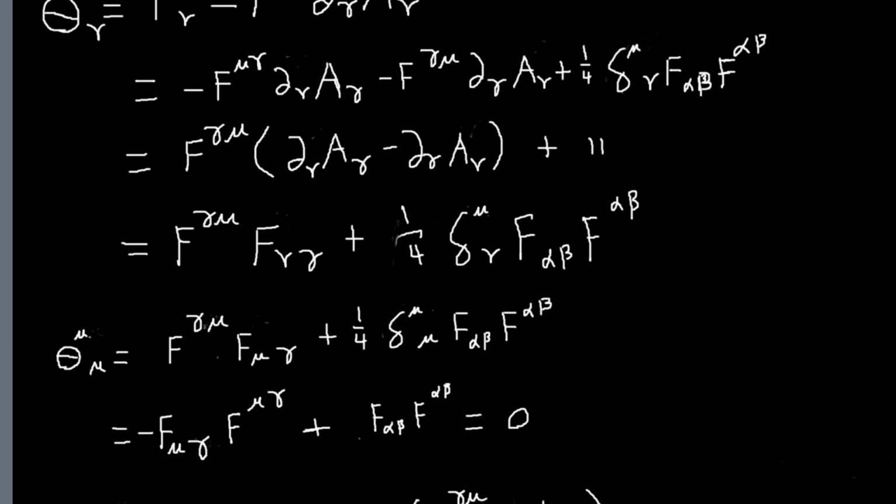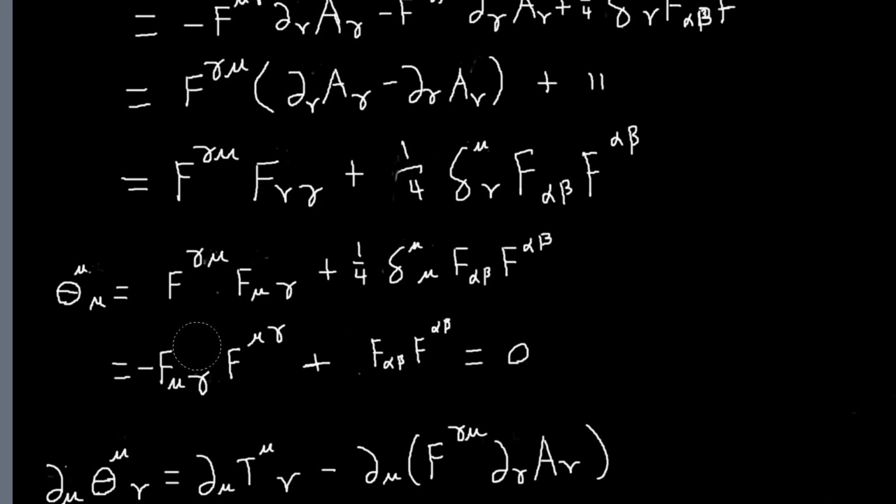And then this term is almost the same as this, only the summing indices are different, but we can exchange gamma and mu in this term, whichever, it doesn't matter.